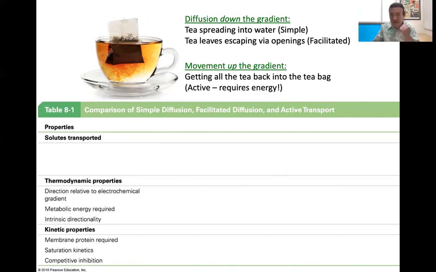But if there are little tears in the paper, little holes, then the tea leaves can also flow out. And in either case, whether you're talking about the little tannin molecules and the flavor molecules or the tea leaves, they'd be moving in the direction from high concentration to low, from the tea bag out into the water. So the tea spreading is just simple diffusion.